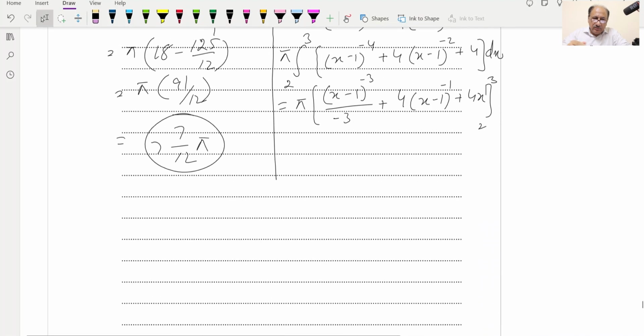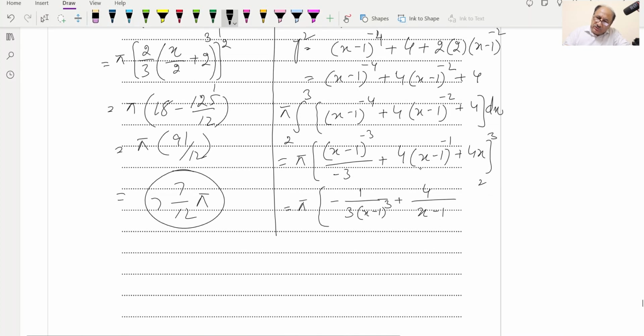And next we can replace the upper limit, but before replacing the limit, we can write it properly. So it will be −1 over 3(x − 1)^3, and this should basically be plus, this one will be 4 over (x − 1), and this minus 1 we missed over here.